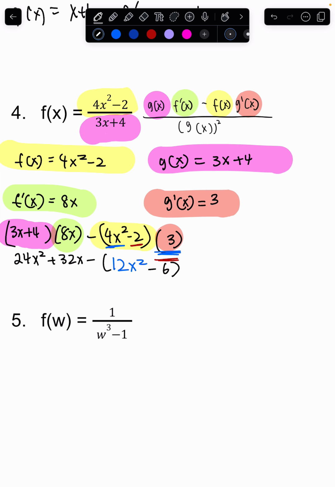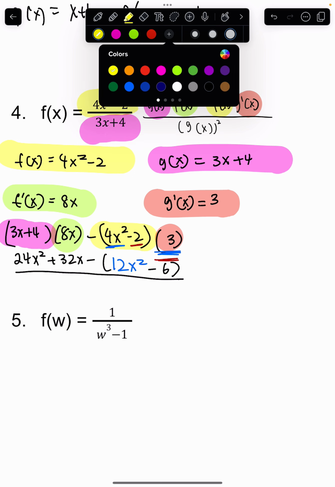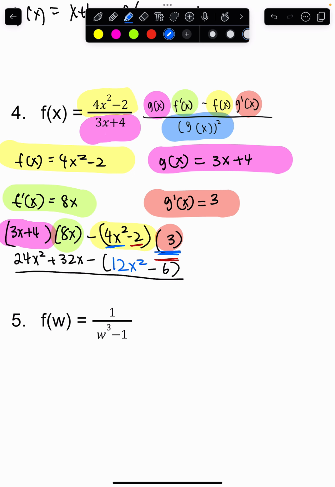Okay, so now we're going to do the g of x squared, which is going to be, let's do a different color. Let's do blue. So g of x is just 3x, oops, sorry, let's do that in black, 3x plus 4 squared.